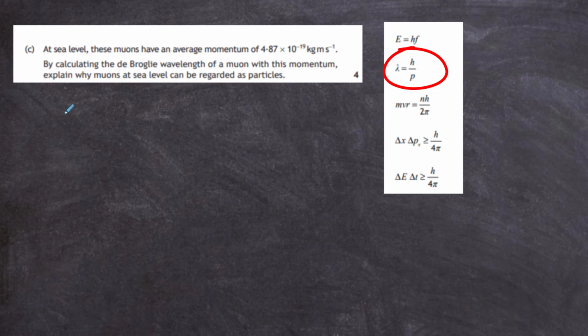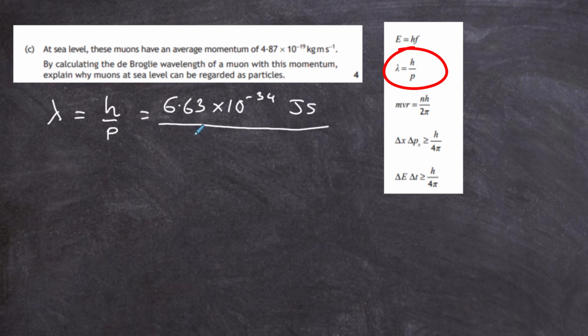Lambda equals h divided by p, where h is Planck's constant, 6.63 times 10 to the minus 34, with units of joule seconds. We divide that by the momentum, 4.87 times 10 to the minus 19, and you've got a big unit of momentum here, kilogram meters per second.